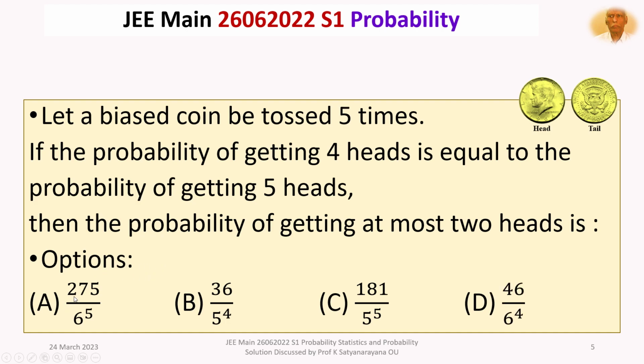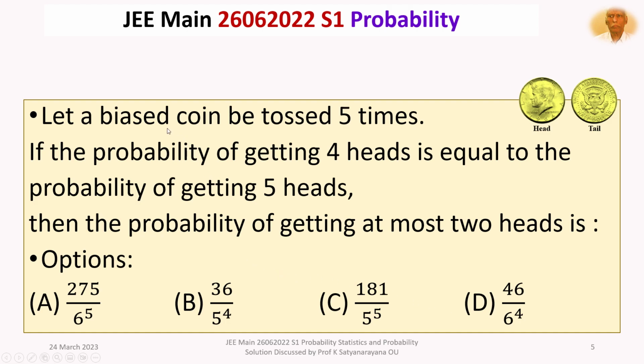Option A, 275 by 6 to the power of 5. Option B, 36 by 5 to the power of 4. Option C, 181 by 5 to the power of 5. Option D, 46 by 6 to the power of 4.